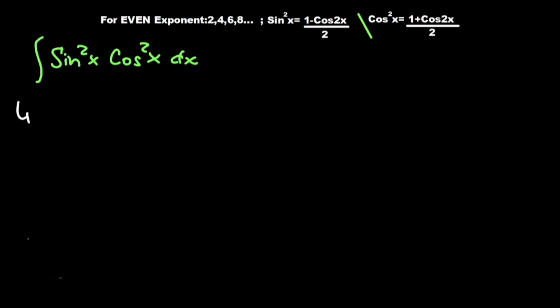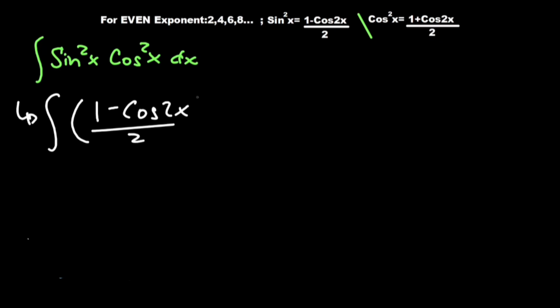Integral of sine squared of x cosine squared of x dx. And now, when you're dealing with sine and cosine here, but the exponents are both even, just transform this into their corresponding formula. So, sine squared of x corresponds to 1 minus cosine of 2x over 2.